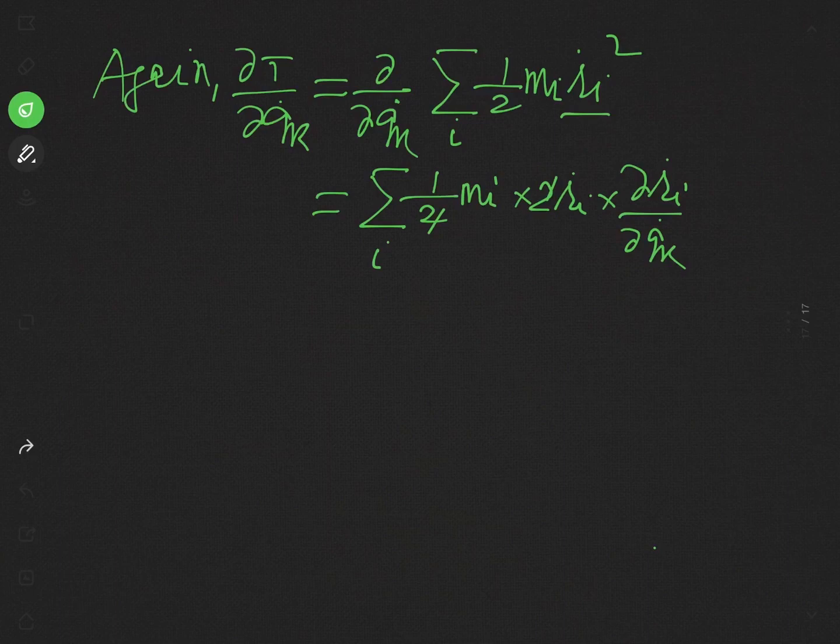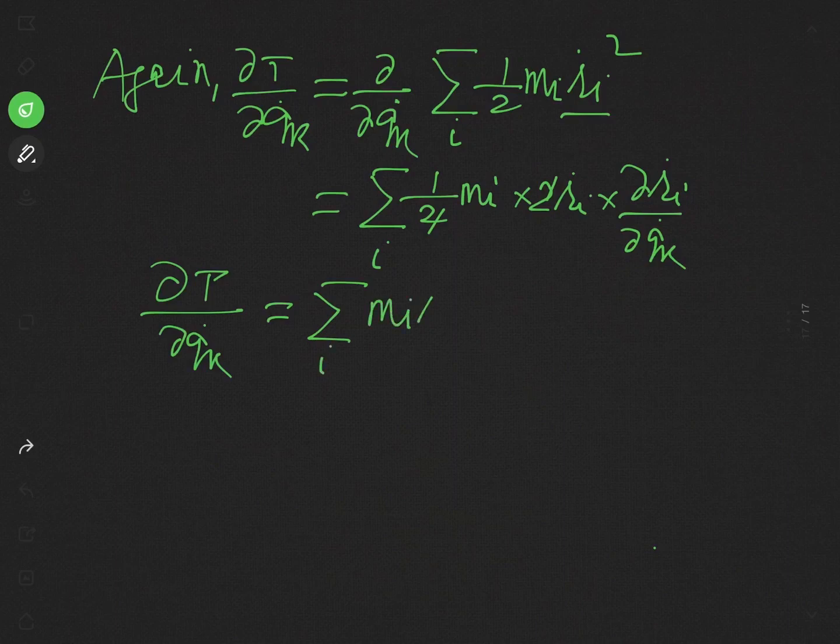Again this 2 and 2 will cancel out, and our result will be del T by del Qk dot equal to summation over i mi Ri dot del Ri dot by del Qk dot.